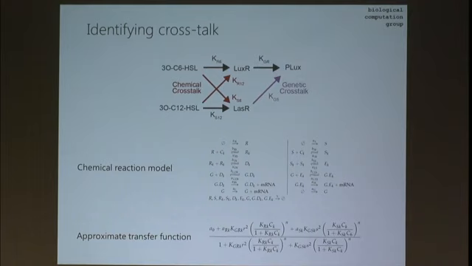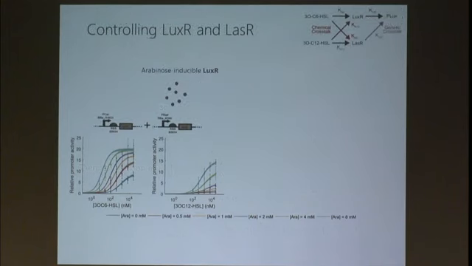So then the next job is to try and identify what the values of these parameters are, and that enables us to quantify the source of crosstalk in this system. We did that by collecting a bunch of data, but specifically we devised a strategy that enabled us to change the levels of LuxR and LASR in the system. You can imagine if you increase the amount of this, of course we're going to get more signaling through this channel.